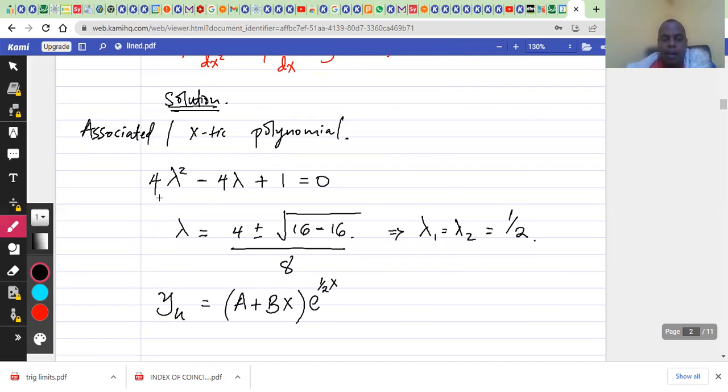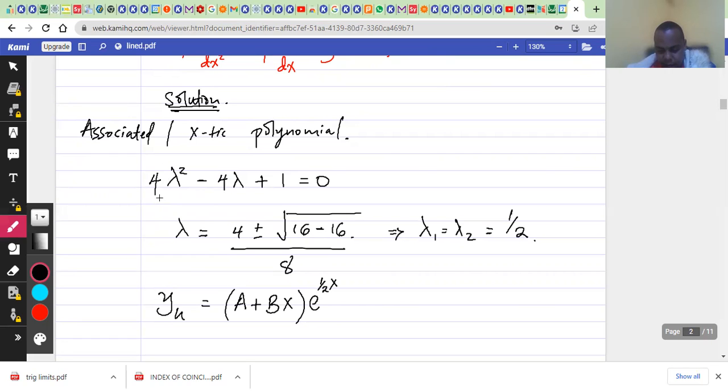In this case, we need to look for A and B as well, but we don't have the initial conditions. Can we make up one? Yes. Let us look for another example. Maybe we can go for the non-homogeneous case.